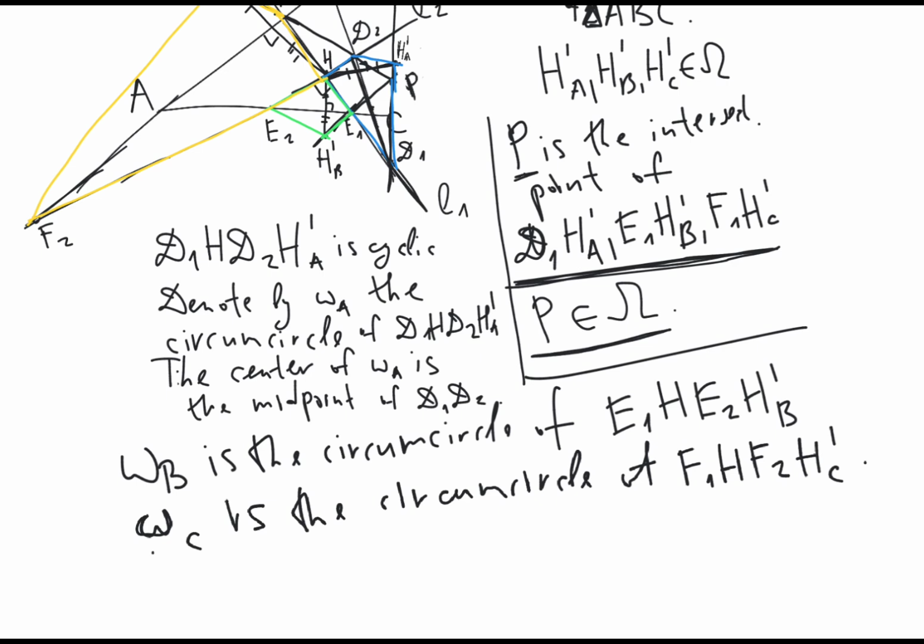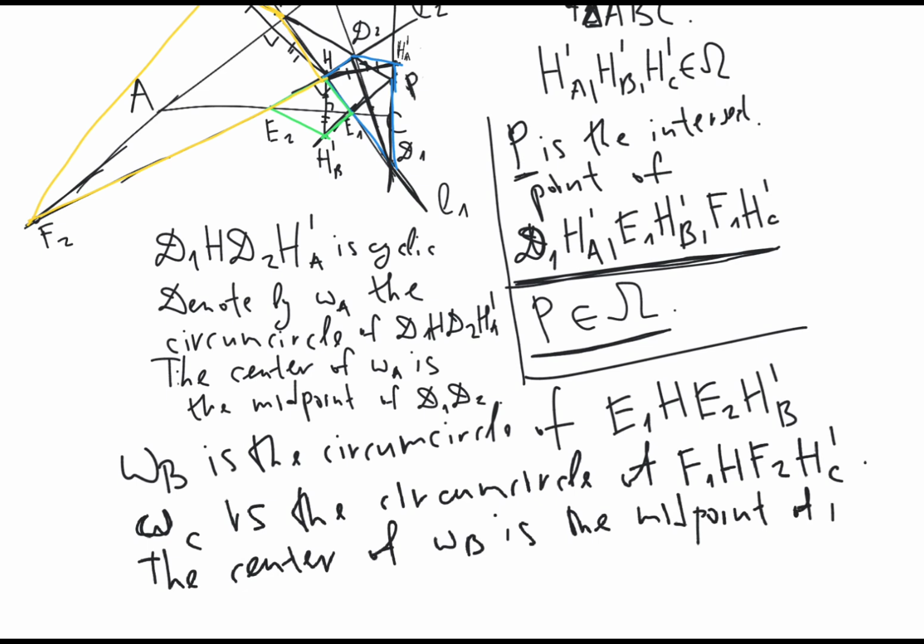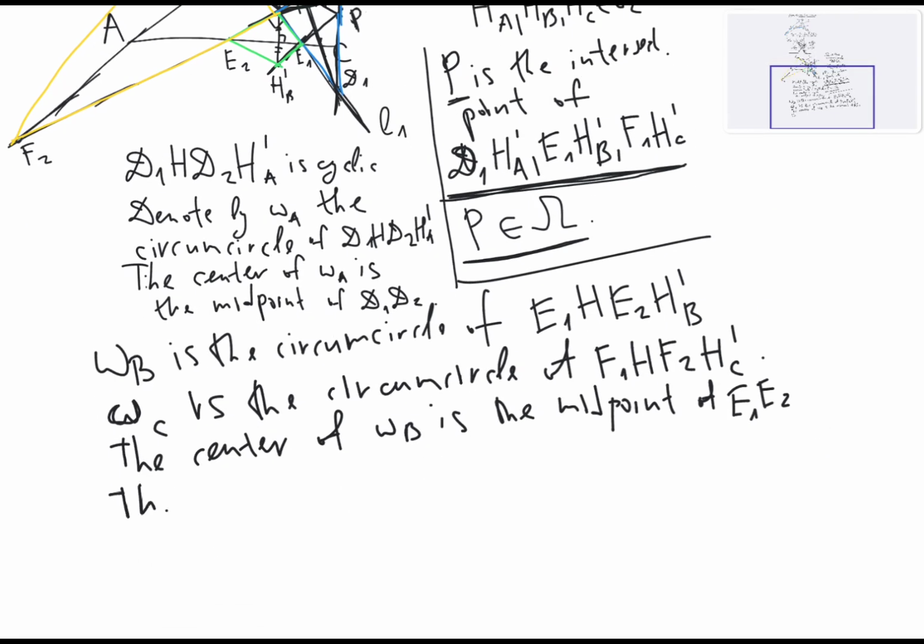So the center of omega B is the midpoint of E1, E2, and the center of omega C is the midpoint of F1, F2.